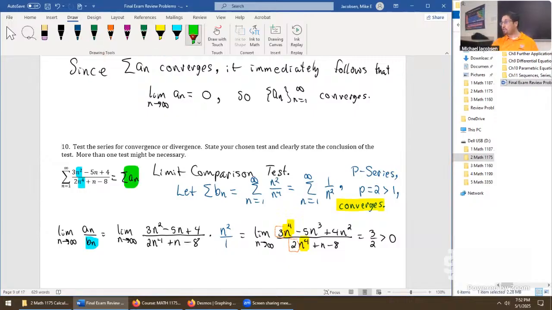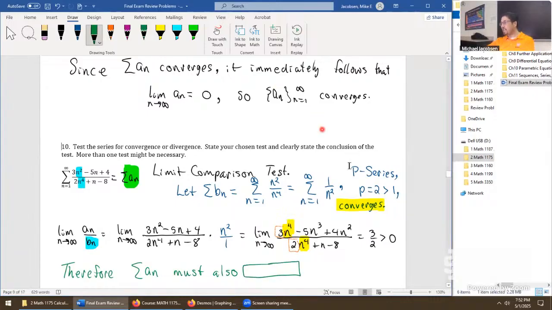So once we have that conclusion here, we can say, therefore, summation an must also, and import the same exact statement you said here, and you're always going to be correct. If you said diverges, you have a positive limit that's finite, you'd say diverges.